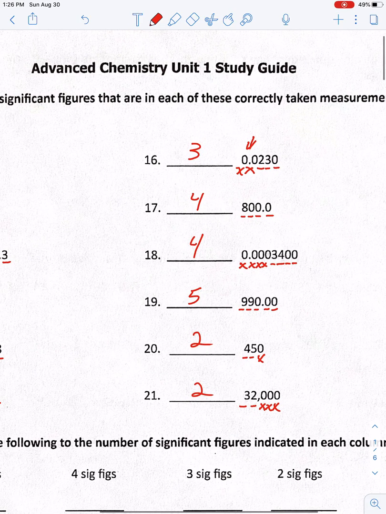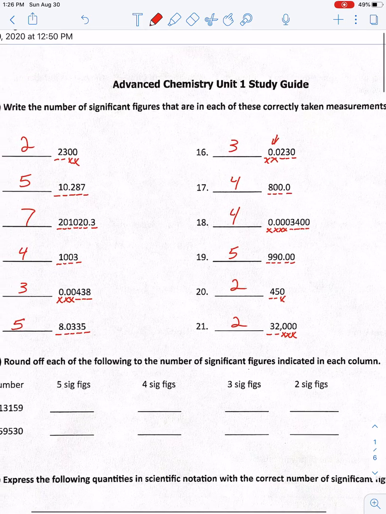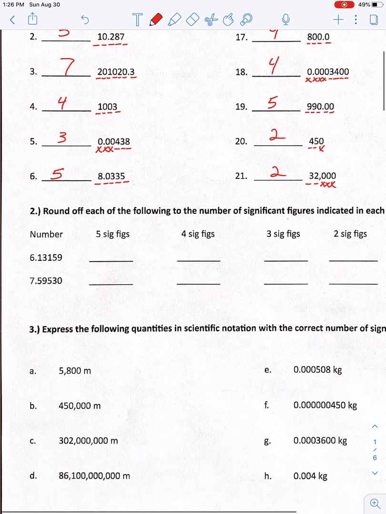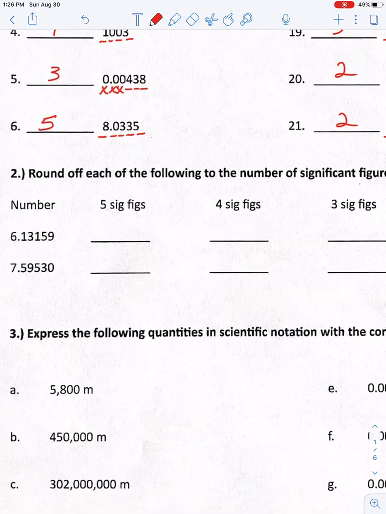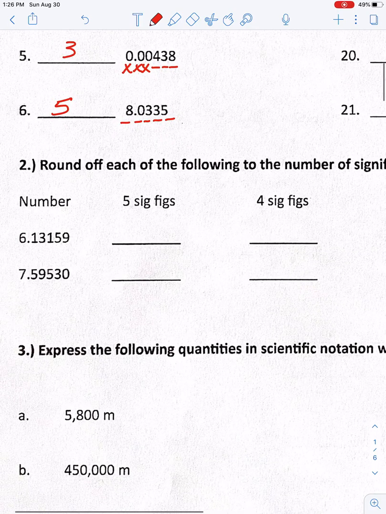So just remember to take a look over those significant figure rules if you're having trouble on that. And then next we're going into rounding. When it comes to rounding, we're going to tell you how many significant figures to round to, and then it's your job to count to that and determine where you stop and how we round. So first one, it wants me to round 6.13159 to 5 significant figures.